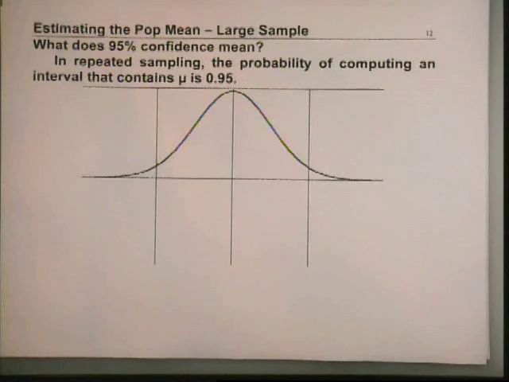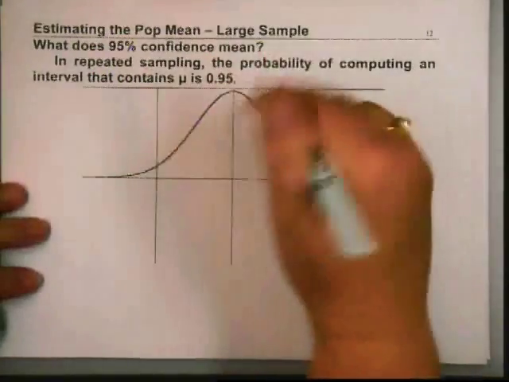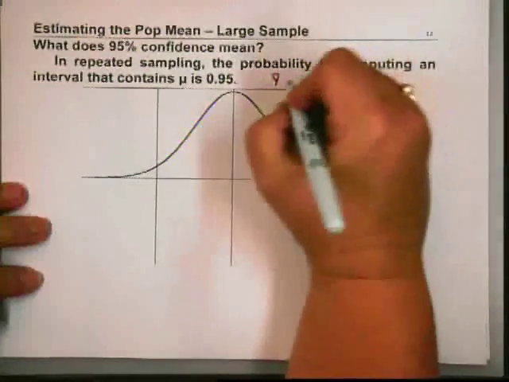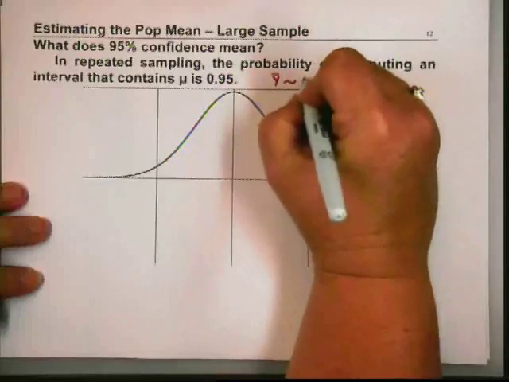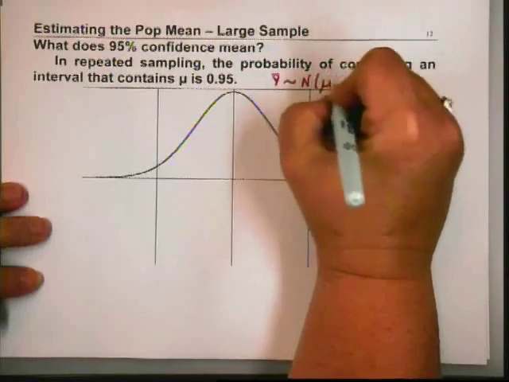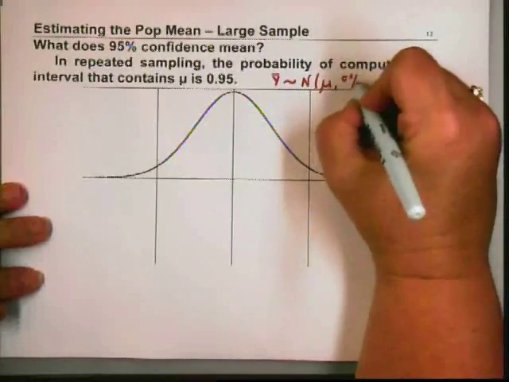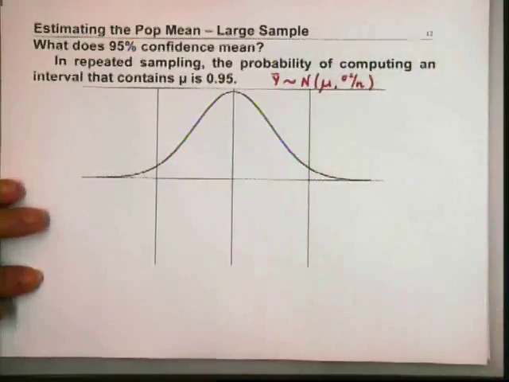So what we have here, I drew a curve. We know for n that's large enough that y bar is distributed approximately normally with a mean of mu and a variance of sigma squared over the sample size. Agreed?